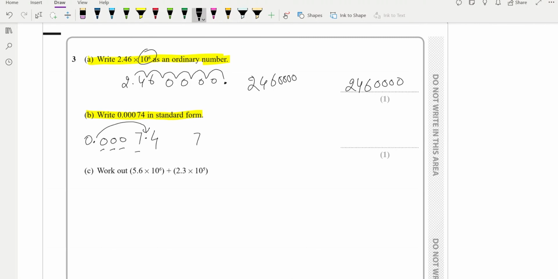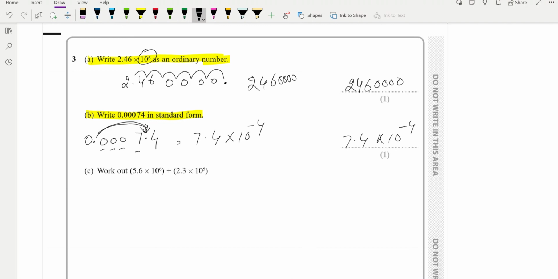So we will write 7.4 times 10 raised to minus 4. If we move the decimal to the right, it means negative power. If we move to the left, it will be positive power. So the answer will be 7.4 times 10 raised to minus 4.